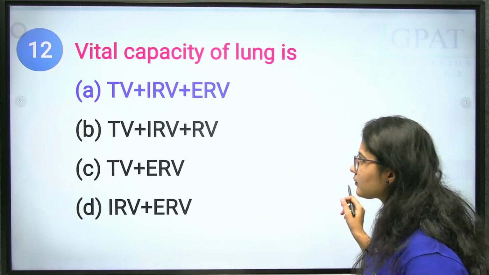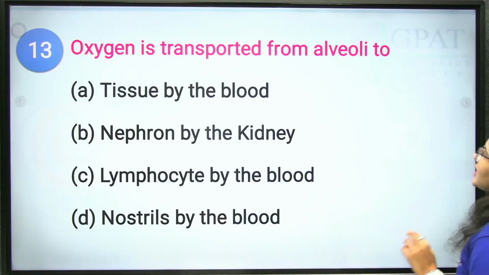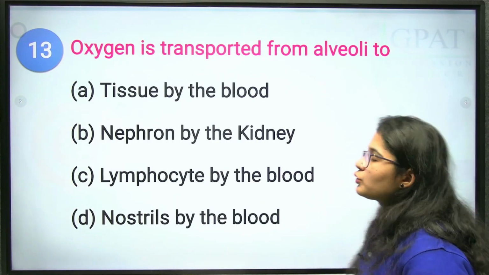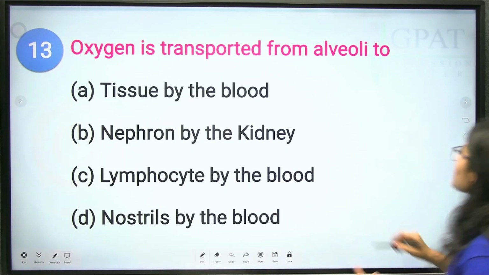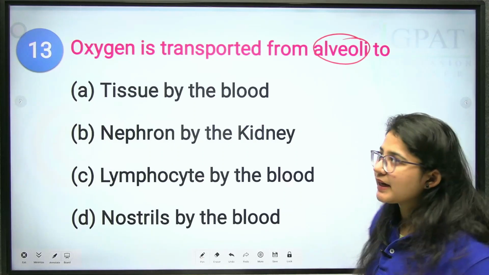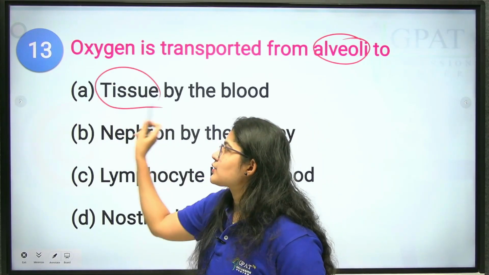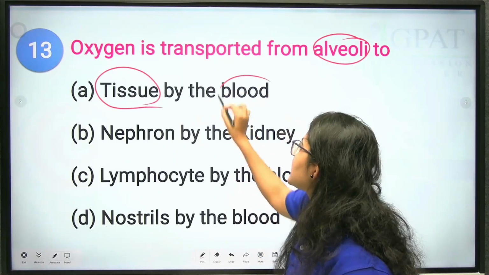Okay? Now, the next question. Oxygen is transported from alveoli to where? From where the oxygen is transported is your alveoli. To whom is it transported? To your tissues. And by whom is it transported? That is the blood.